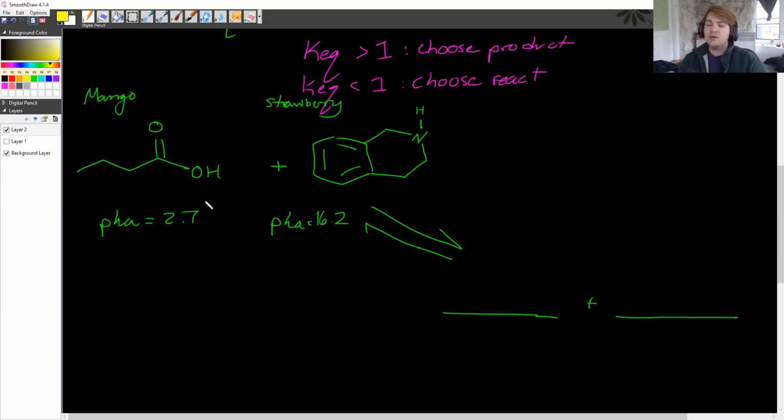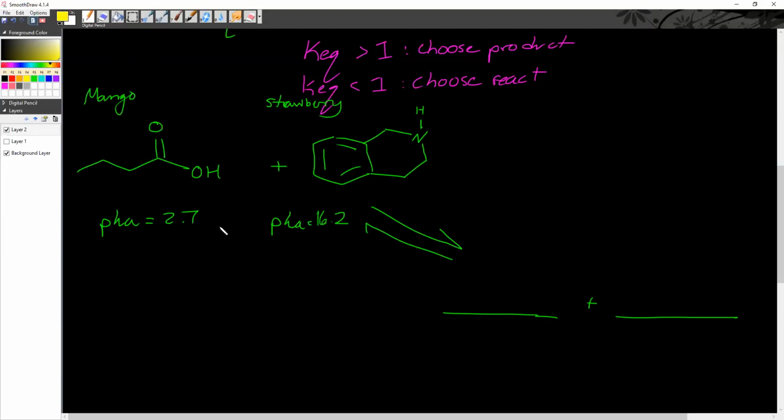What we have to do is a little bit of mental guess and check. Let's assume that both of these structures could act as an acid in their current capacity. Who's the stronger acid? Mango. The mango one, right?